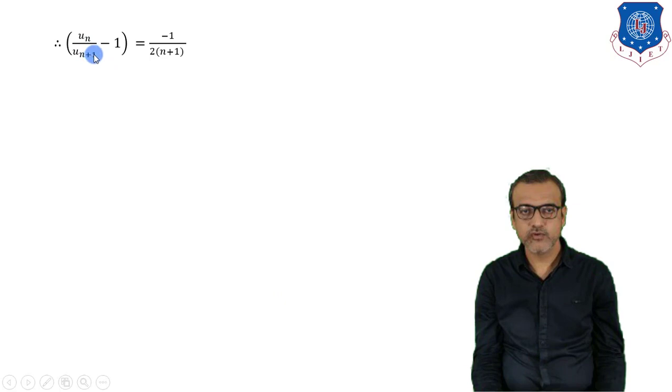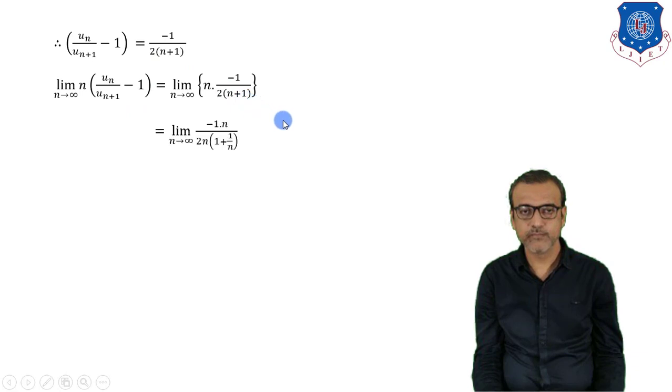Now u_n upon u_{n+1} minus 1 is equal to minus 1 upon 2 into (n+1). Now we will find this limit, that is limit n tends to infinity of n into (u_n upon u_{n+1} minus 1), and this is equal to limit n tends to infinity. This n will be as it is, and this result is minus 1 upon 2 into (n+1).